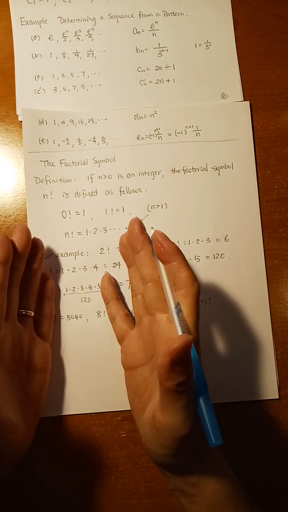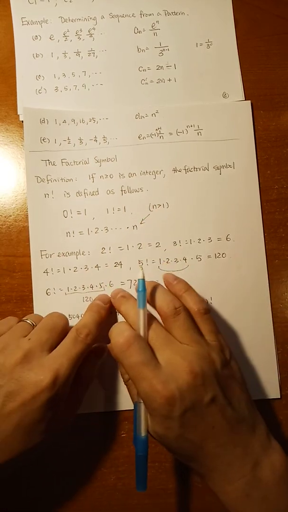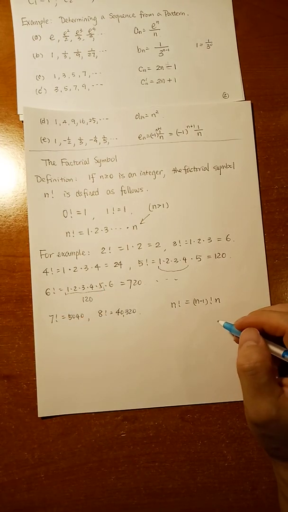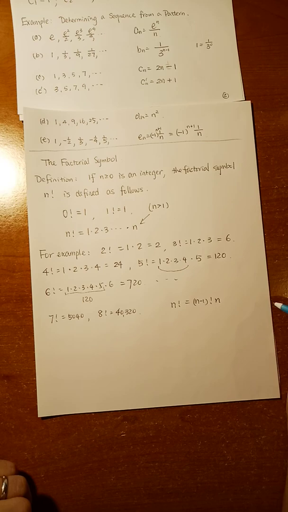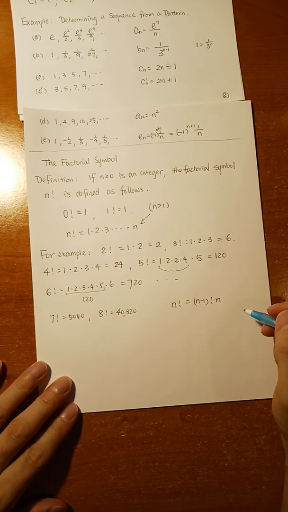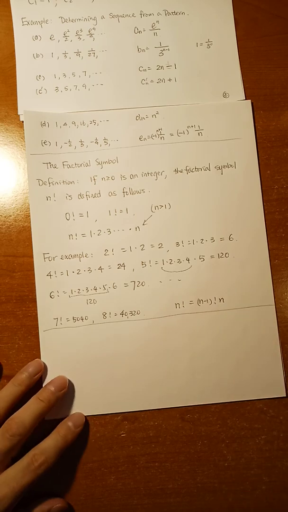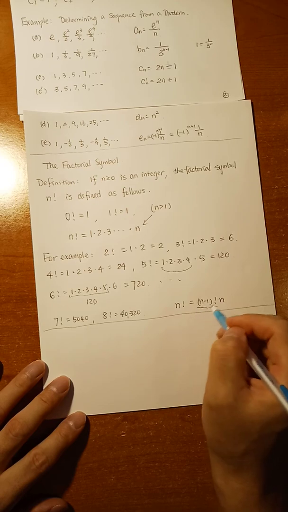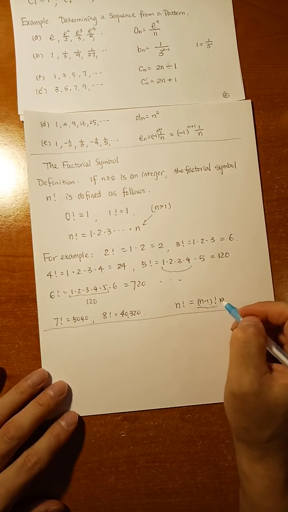You pick up the first few terms, do the product to get n minus 1 factorial, and then times the last integer, n. So this is the factorial symbol. The n factorial depends on the previous term with an additional multiplication.